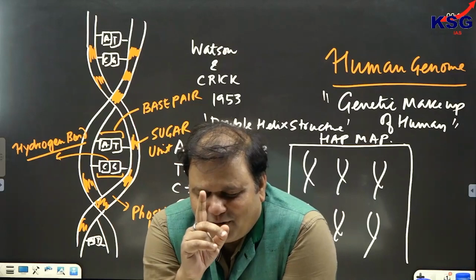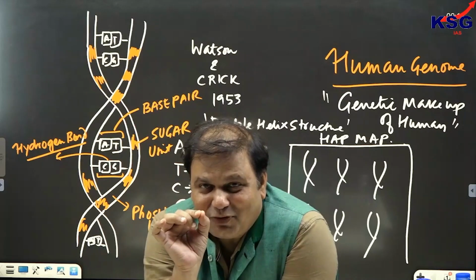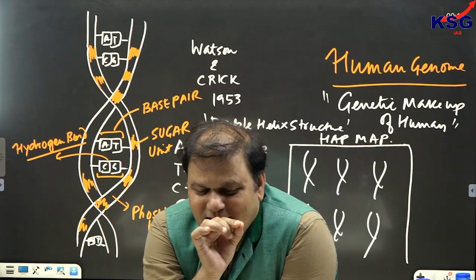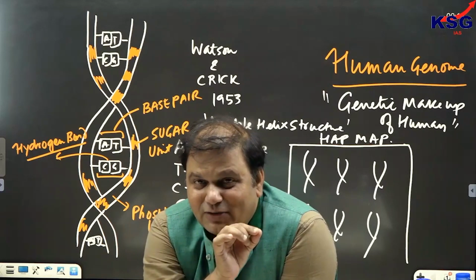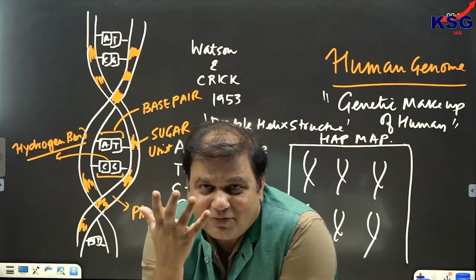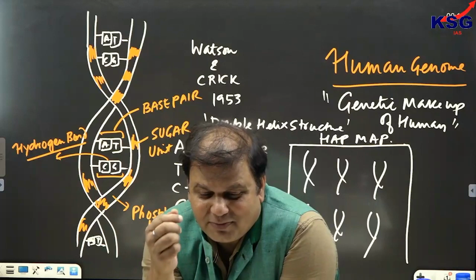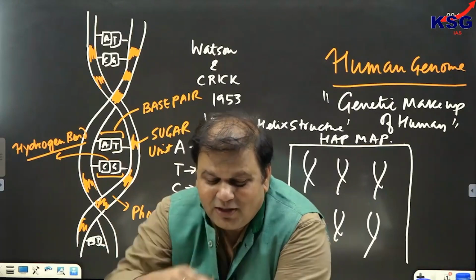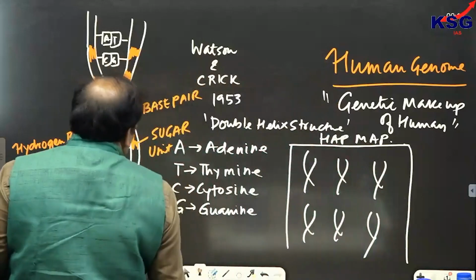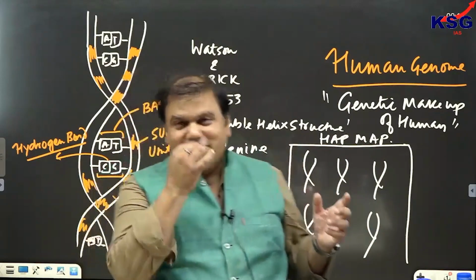But now, when we are talking about the human genome, what is it? Human genome is the genetic makeup of humans. This is called the book of life. This is called the blueprint of life. And human genome consists of what? It consists of genes, their variants, and also regulatory genes which are responsible for controlling other genes. तो इसमें क्या क्या है? उसमें genes भी हैं.